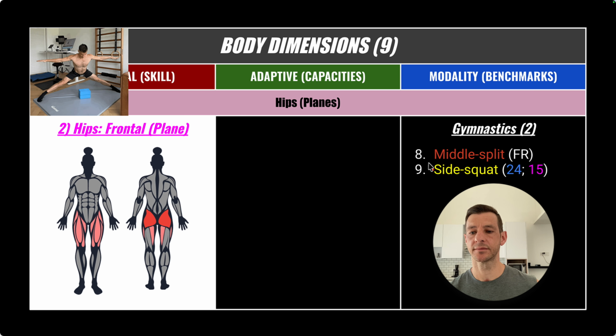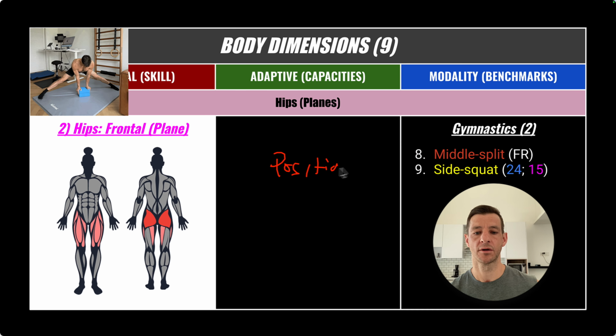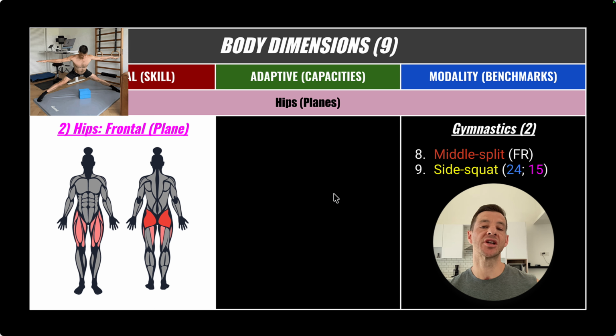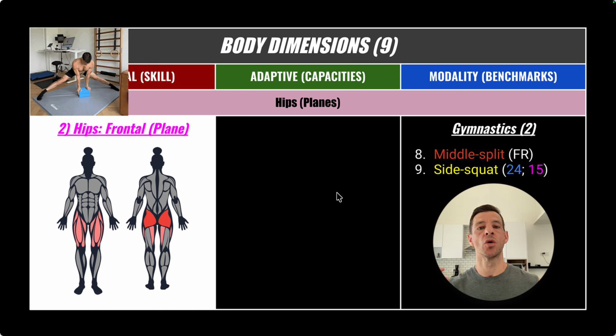The middle split, our 8th benchmark, is a benchmark of position or range of motion, not of time or load. Remember, as you can recall from the previous video, all performance benchmarks will fall in one of 3 classes.